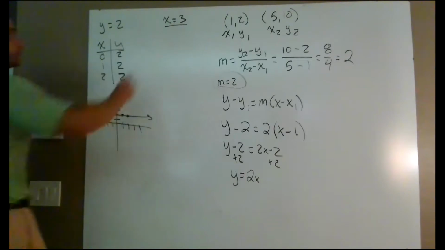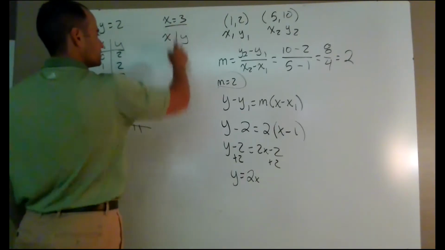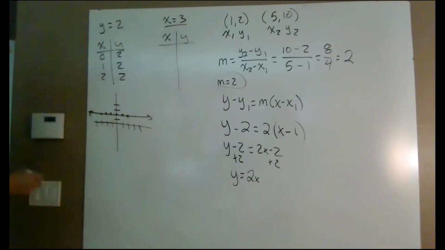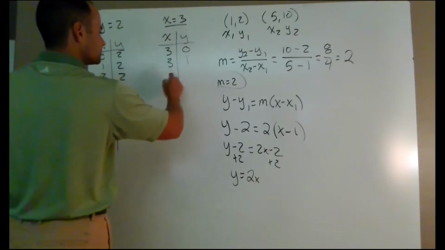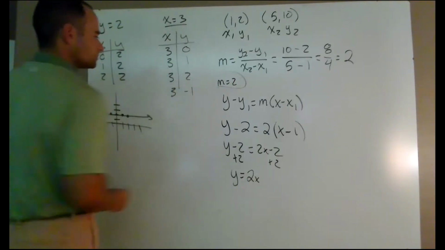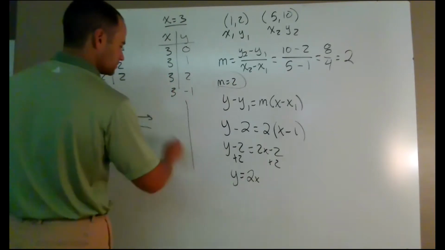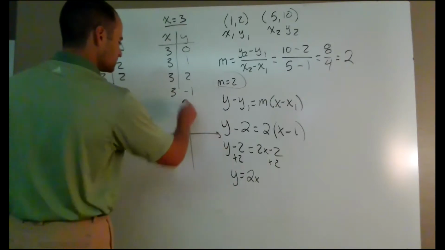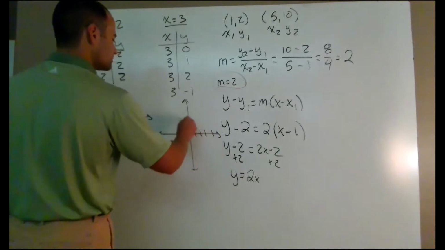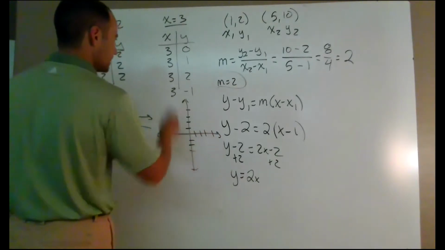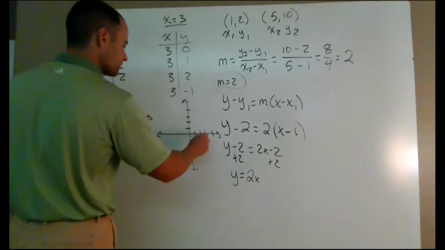If I let x equal 3, well, x has to be equal to 3, and it doesn't matter what y is. So when I'm plotting these things, x is equal to 3, y is equal to 0.